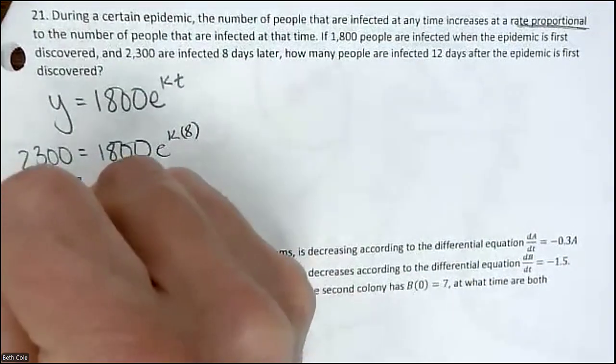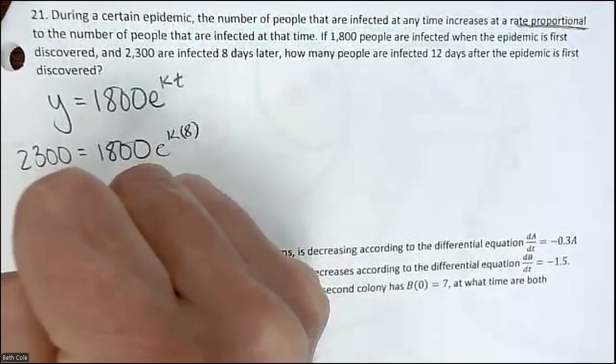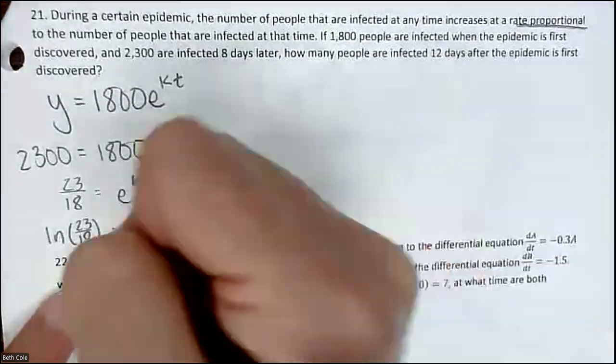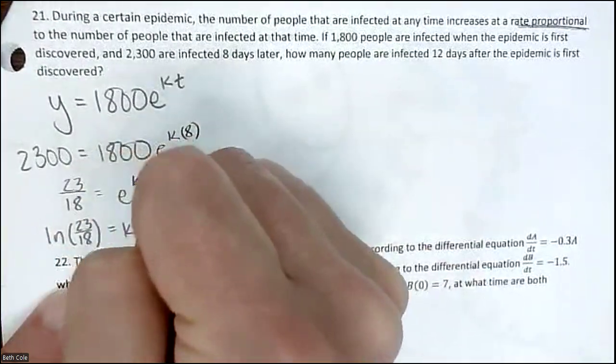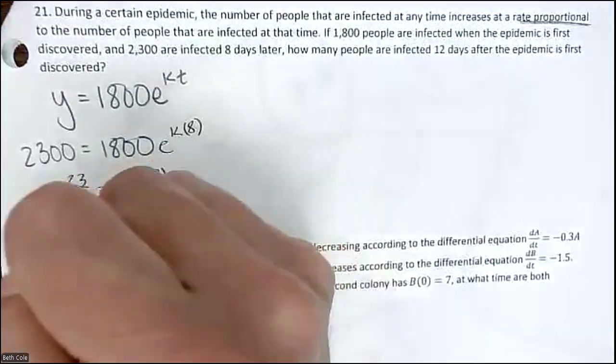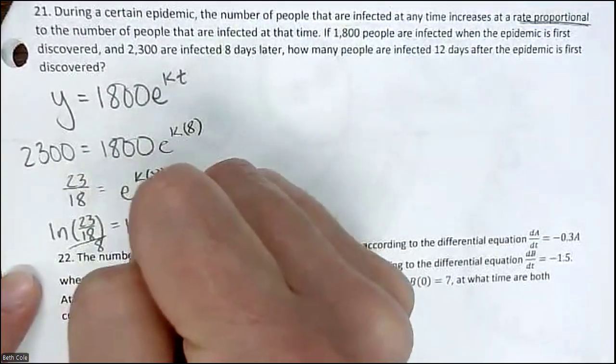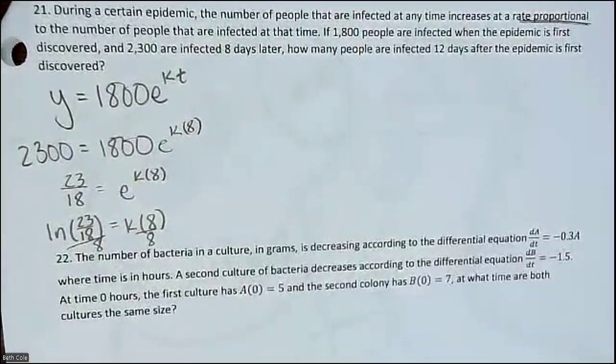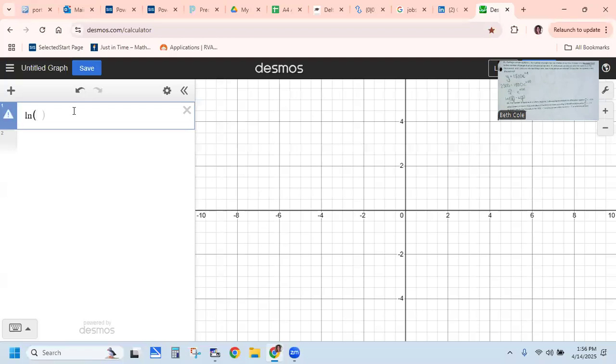This is going to be ln of 23/18 equals k times 8. And then your last step is divide by 8. Okay, so now you want to type that in the calculator, but wait until you get to the end before you go into that. Let's all type that and just make sure we can all be friends with our calculator and get the same thing.